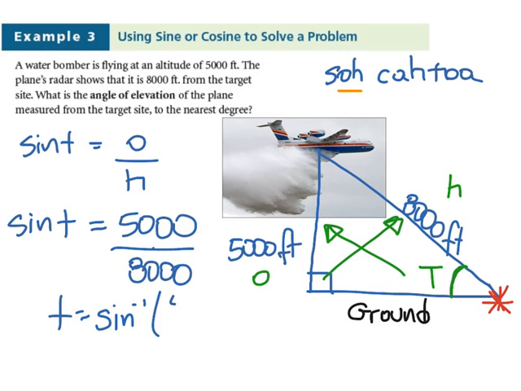So again, remember you're in degrees mode. You have to press second sine, and your T, or your angle, to the nearest degree, make sure you're reading the question very carefully, to the nearest degree, is going to be 39 degrees.